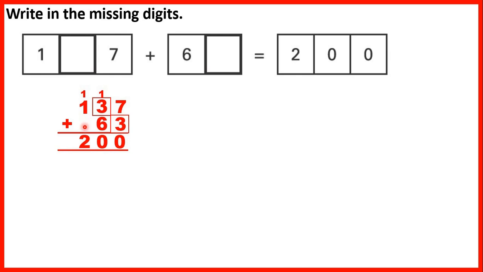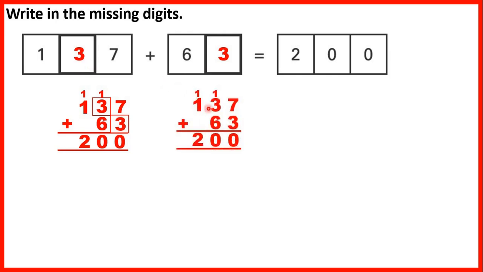And then with our hundreds, we have 1 plus 1, so that's 2. So that means the missing ones digit is a 3, and the missing tens digit is a 3 as well. And we can check, if we do the addition, that 137 plus 63 is 200.